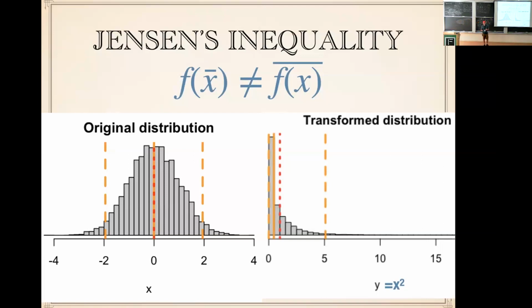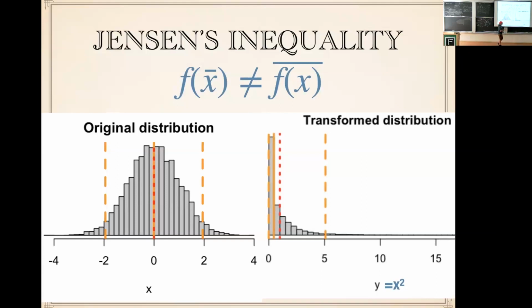Most of the mistakes, well, not all, most, a lot of the mistakes I see with uncertainty propagation come from people that fail to stop and understand Jensen's inequality, which in its simplest form just says that the mean of a function is not the function of the mean.